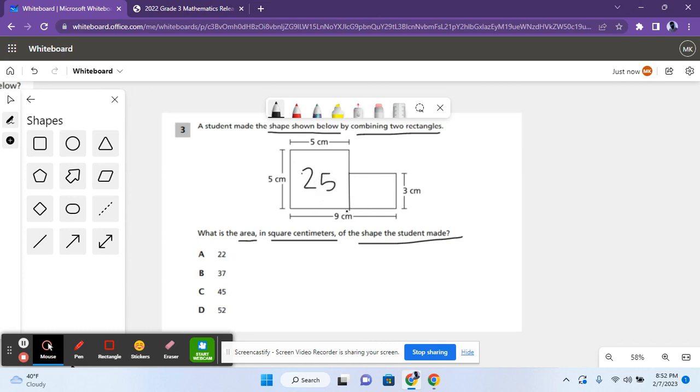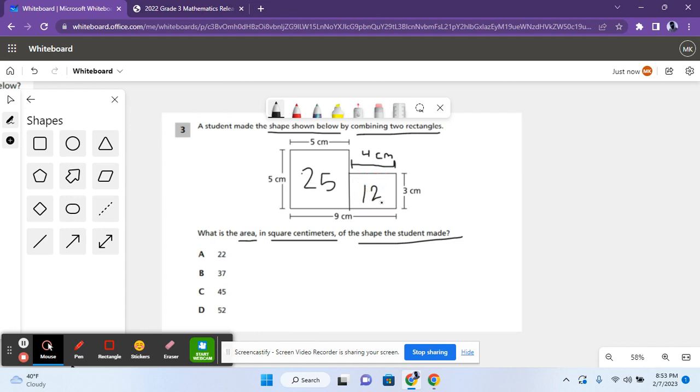And for the second shape, we have the height, but we don't have the width. So here we need to use the information that we have to find the width. The whole width of the entire shape is 9 centimeters, but the width of the other shape is 5 centimeters, so we have to subtract since there's only this part left. 9 minus 5 is 4 centimeters. 4 times 3 is 12.